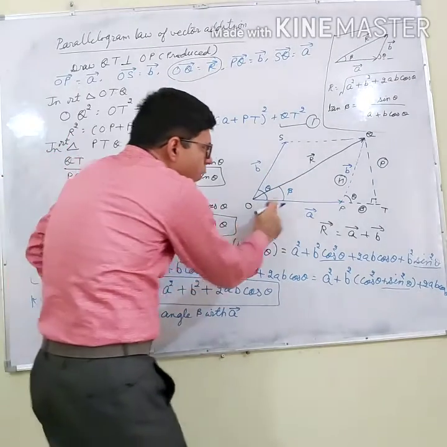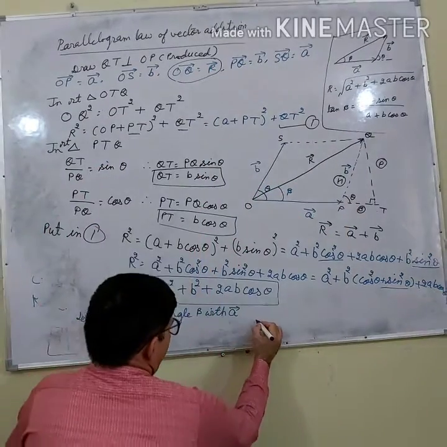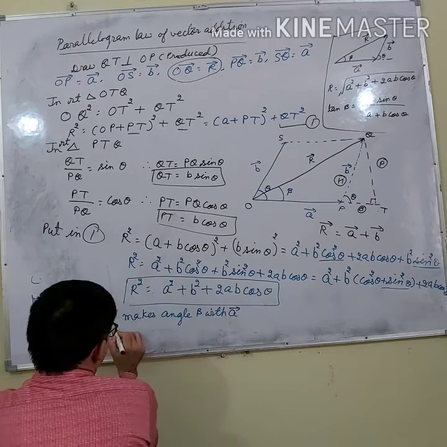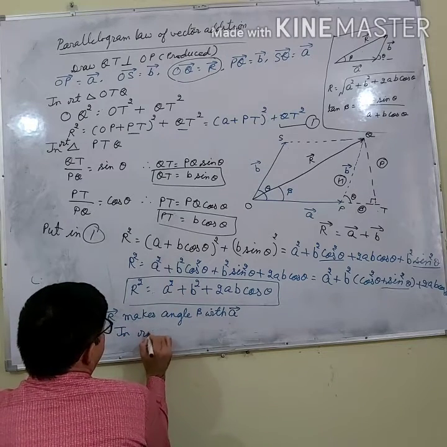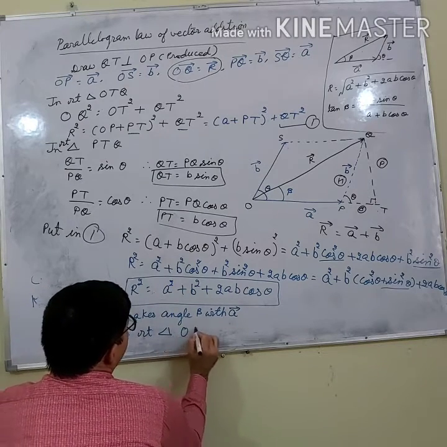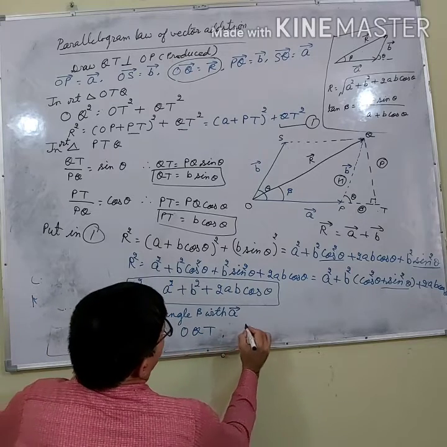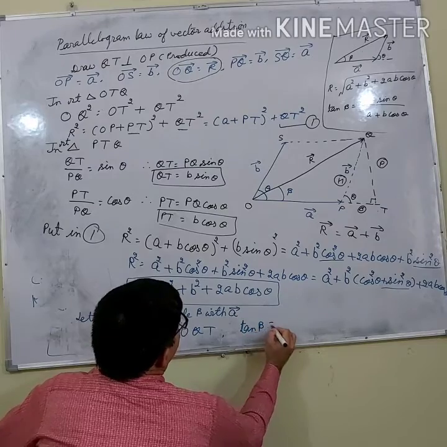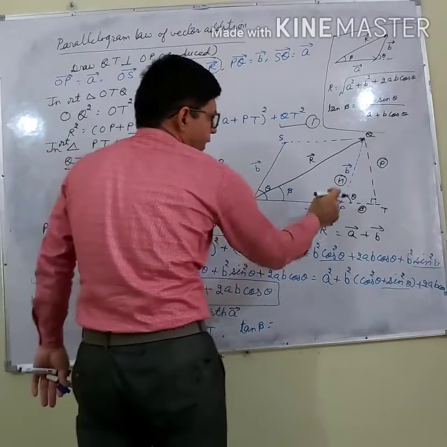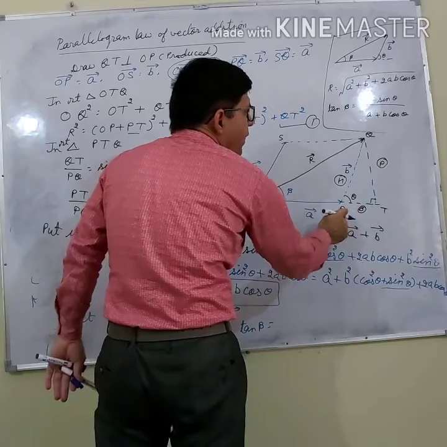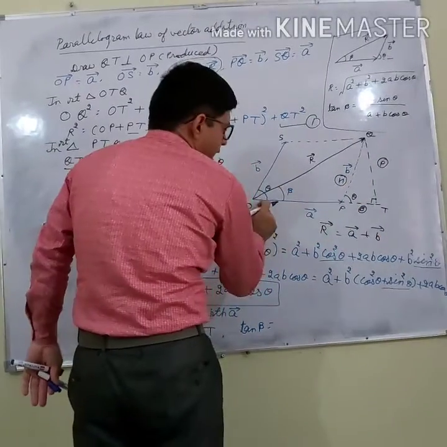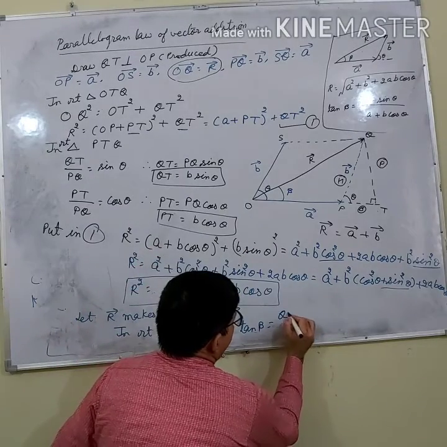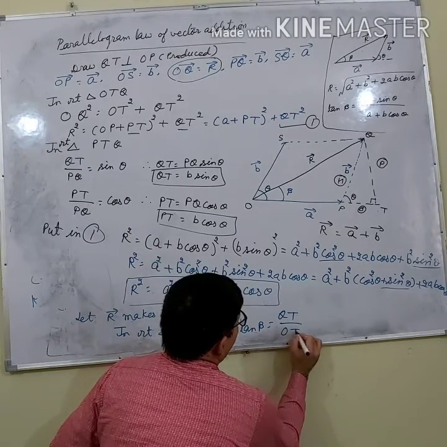Now in right triangle OQT, what do you find? Tangent beta equals perpendicular upon base. What is perpendicular? QT. And what is base? OT. QT upon OT.